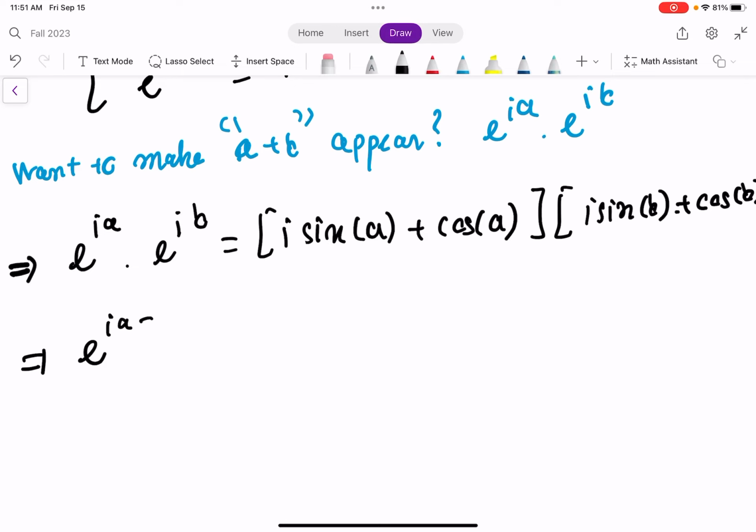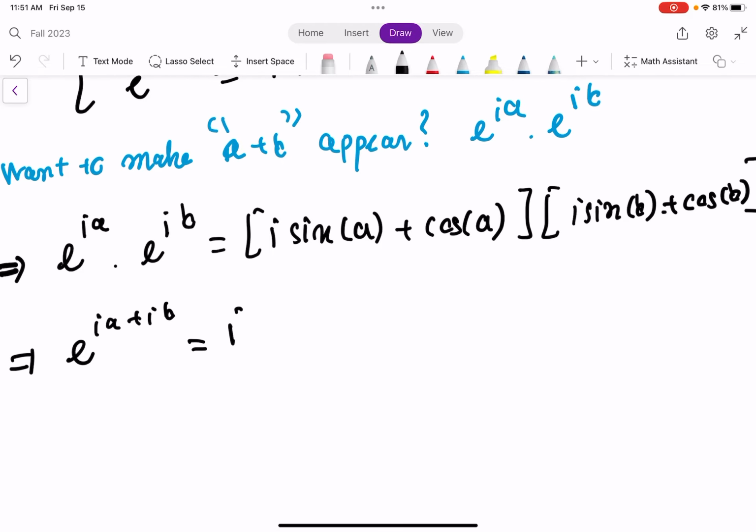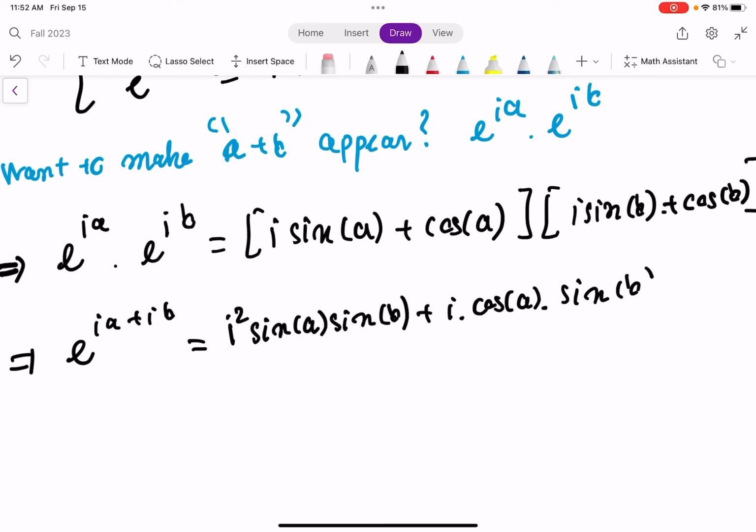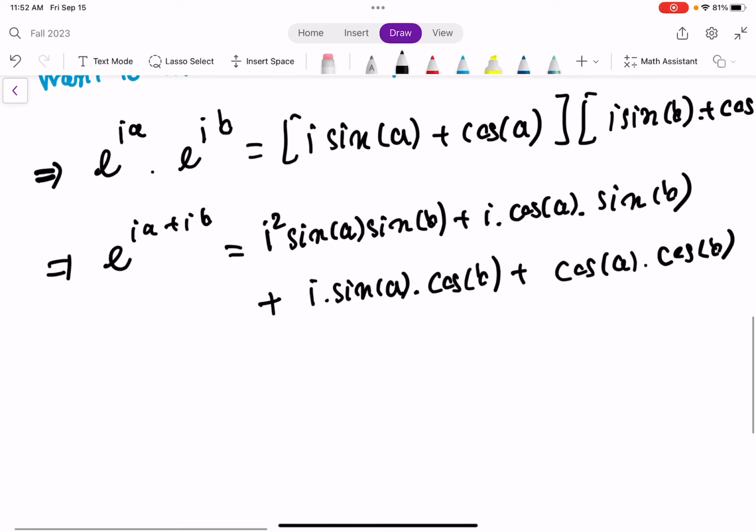So it's e to the i times a plus b. Expanding this out, you get i squared sine a sine b plus i cosine a sine b plus i sine a cosine b plus cosine a cosine b.